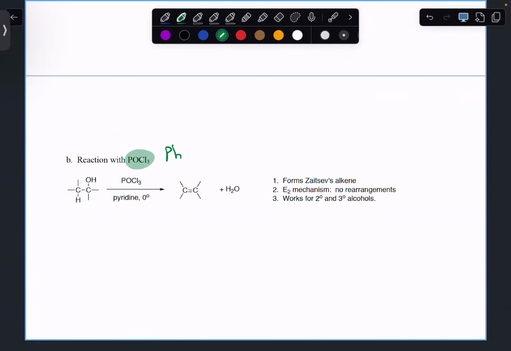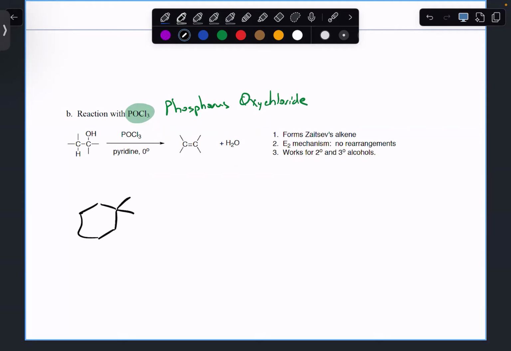This is known as phosphorus oxychloride, POCl3. I'll show you on the exact same alcohol we just looked at. So phosphorus oxychloride looks like this.